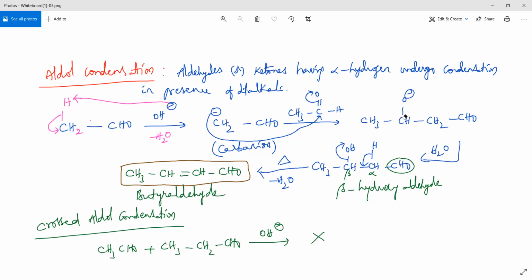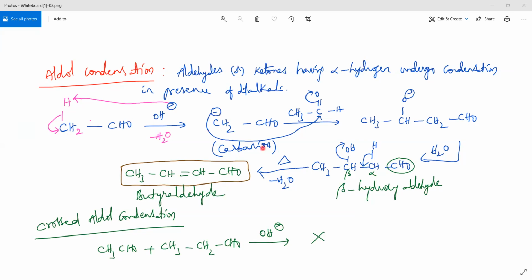In step 1, the base abstracts the proton. There you can see the base, it is abstracting the proton. Then this carbon gets a negative charge, so a carbanion is generated.